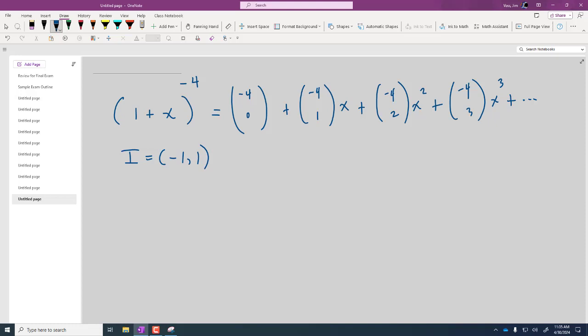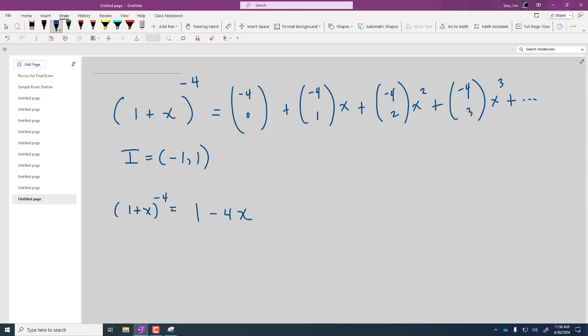Okay, so our series then: -4 choose 0 is 1, -4 choose 1 is -4. So that part is instant. And it's a power series, so it starts with a constant. Don't start with an x, start with a constant, and then the x.